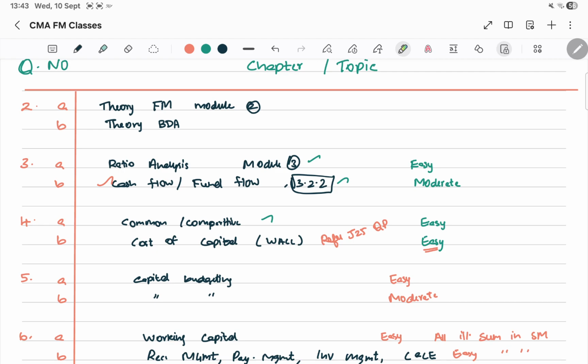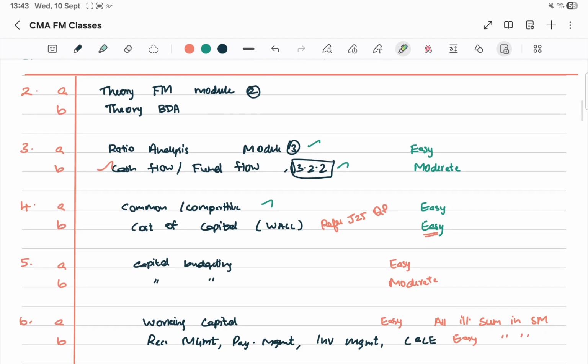Now this is the main thing I want to tell you all. We are getting back into ratio analysis, especially from module number 3. Most probably they will test you on earnings per share, dividend per share, dividend payout ratio, everything based on shares and dividends.